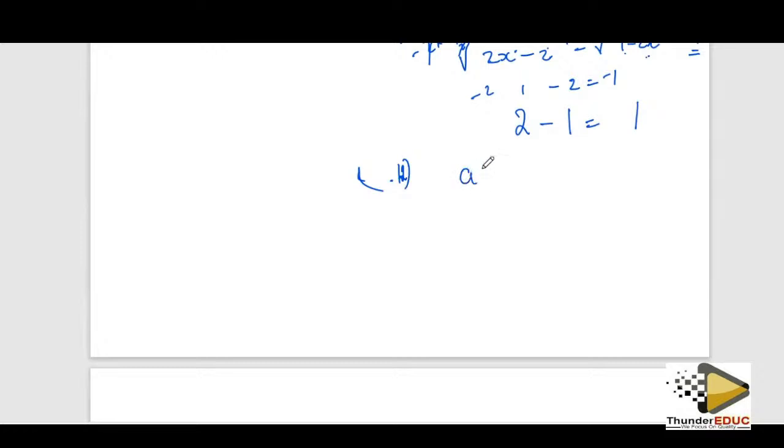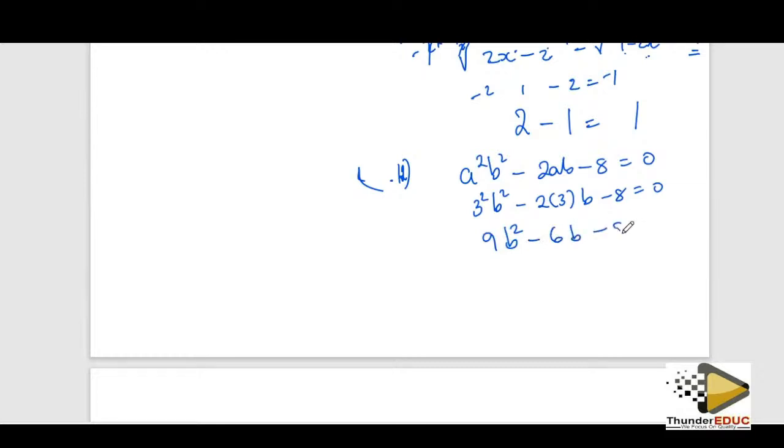So we have A squared B squared minus 2AB minus 8 is equal to 0. Remember, A is 3. So it's 3 squared with a B squared minus 2 times 3 with a B minus 8 is equal to 0. So that is 9B squared minus 6B minus 8 is equal to 0.